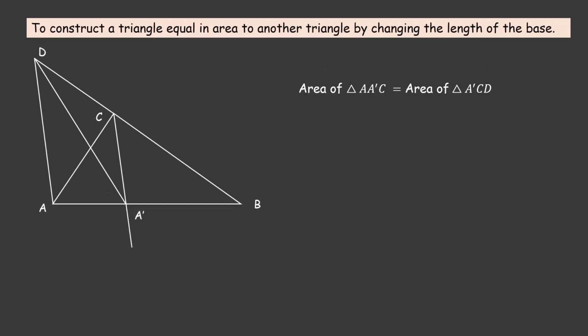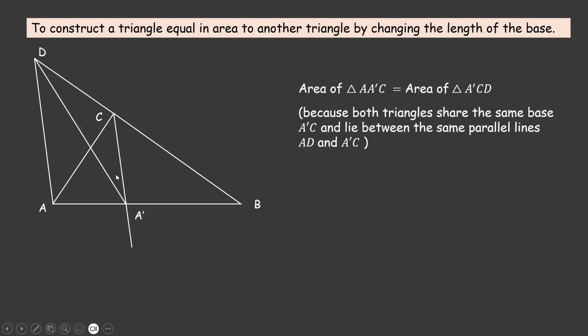Here, area of triangle A dash CA is equal to area of triangle A dash CD because they lie on the same base A dash C and between the same parallel lines A dash C and AD. Correct.